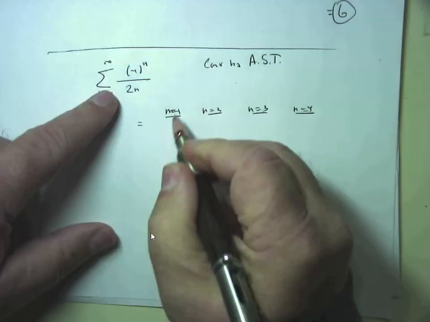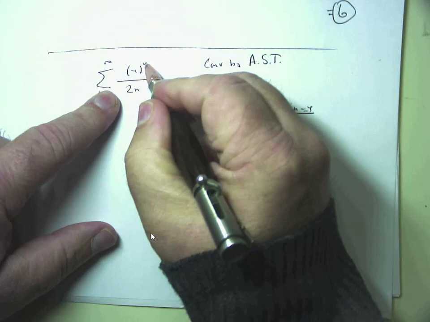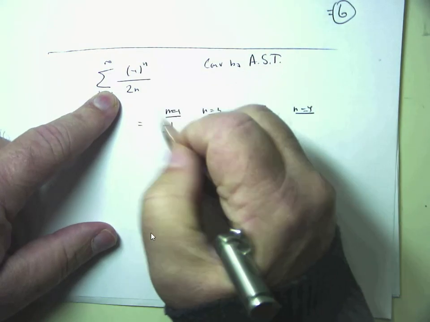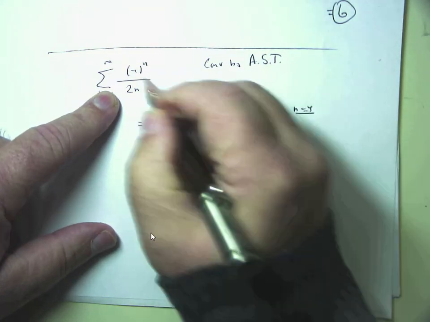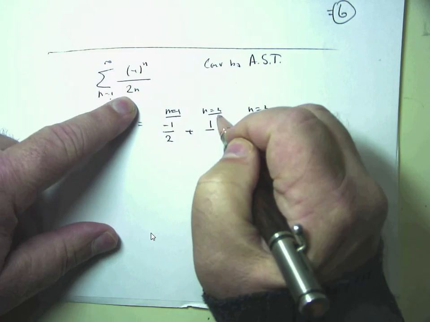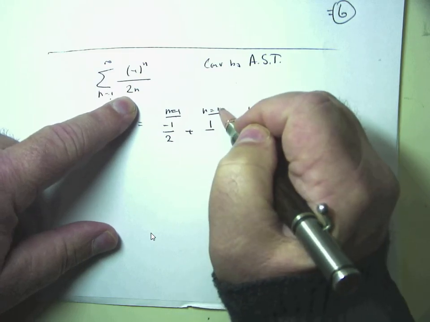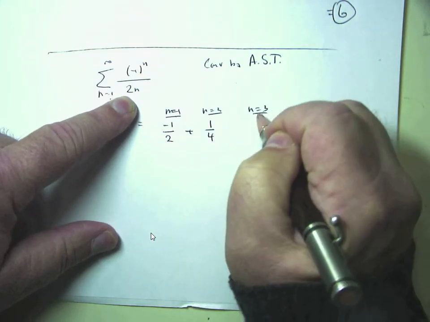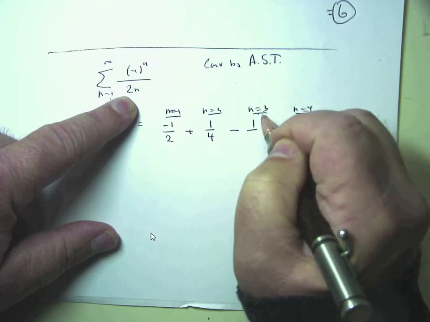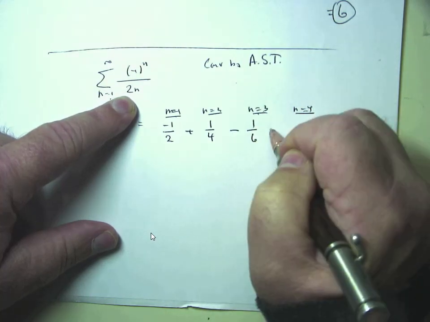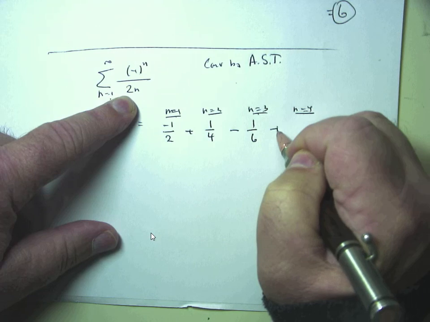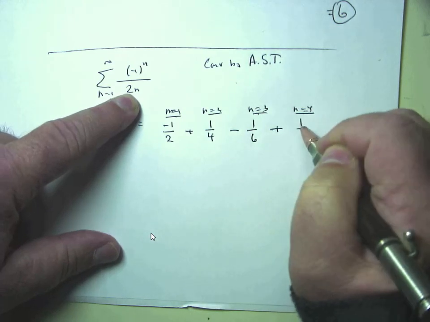When I plug n equals 1 in here, watch what happens. (-1) to the first is -1, over 2 times 1 is 2. Plus (-1) squared is 1 over 2 times 2 is 4. (-1) cubed is back to negative, 1 over 2 times 3 is 6. (-1) to the fourth is plus, 1 over 2 times 4 is 8.